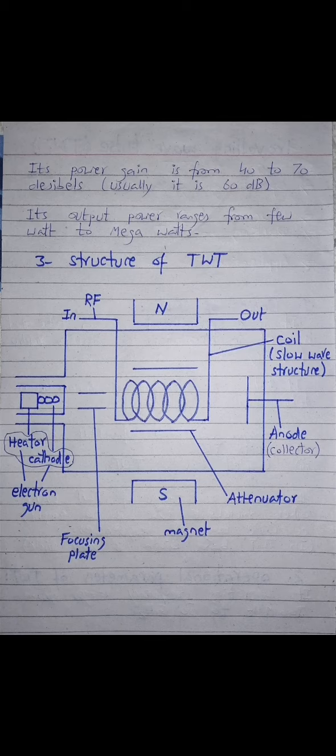And now we will discuss the structure of the traveling wave tube. In the traveling wave tube we have a heater and a cathode, which collectively we call the electron gun. Then we have focusing plates, then magnets with north and south pole, attenuators, a coil which we also call the slow wave structure, and at the end we have the anode which we also call the collector.